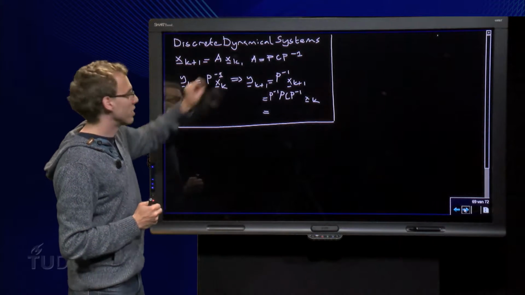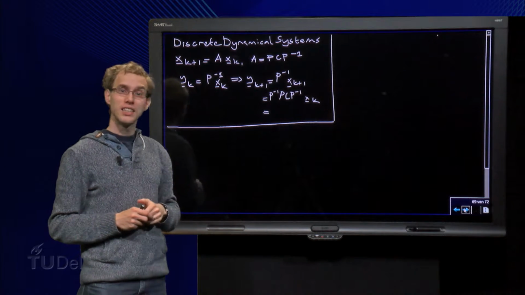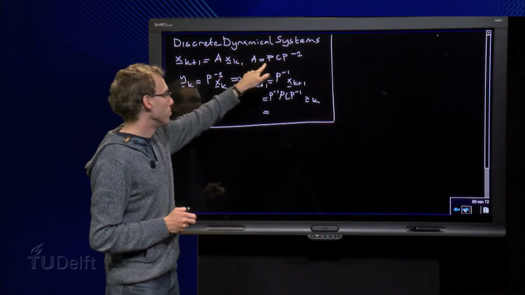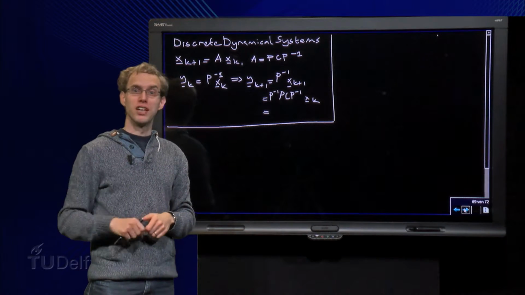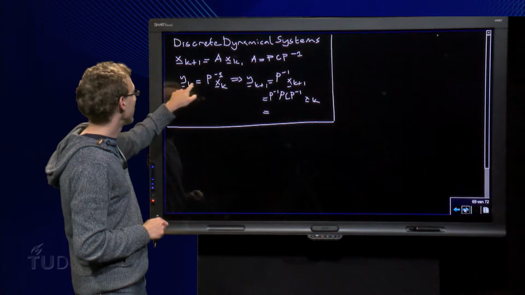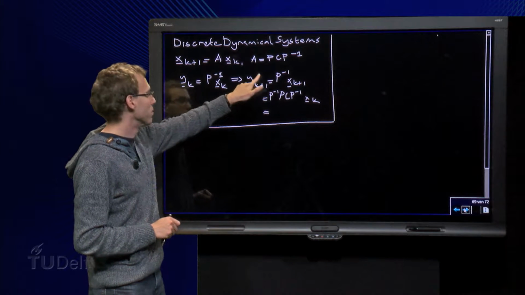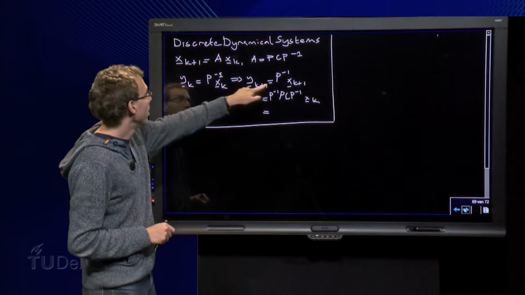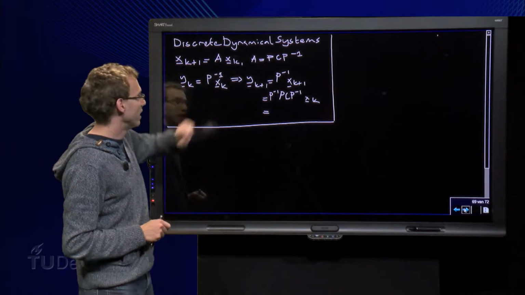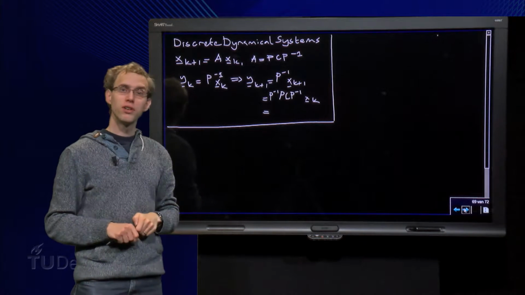So we have our discrete dynamical system, xk plus 1 equals A times xk. We have A equals PCP inverse. And then we know from the PDP inverse case what to do. We put yk equals P inverse times xk. That yields yk plus 1 equals P inverse times xk plus 1. We know xk plus 1 equals A times xk. So we substitute that and use A equals PCP inverse.